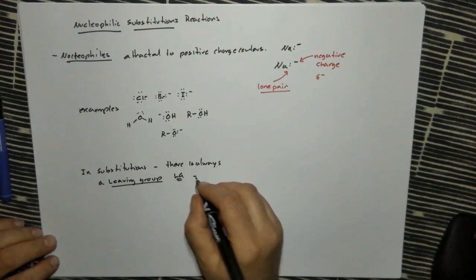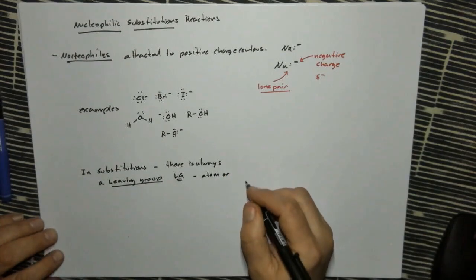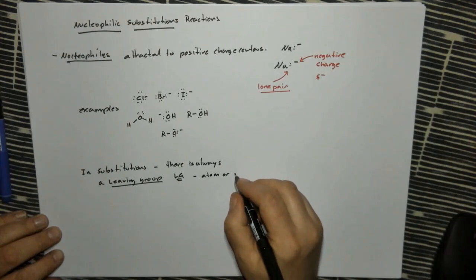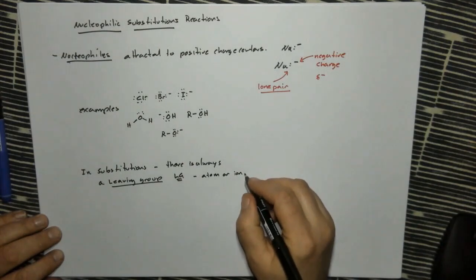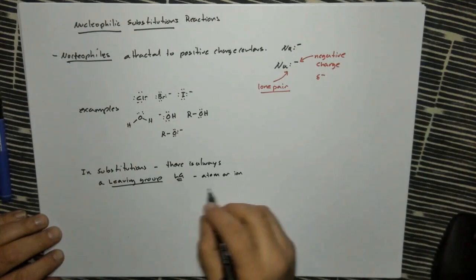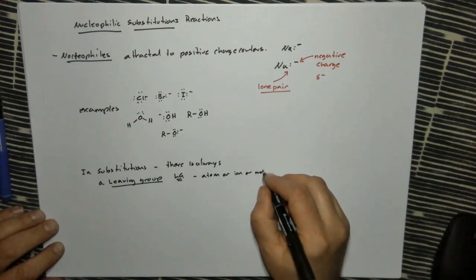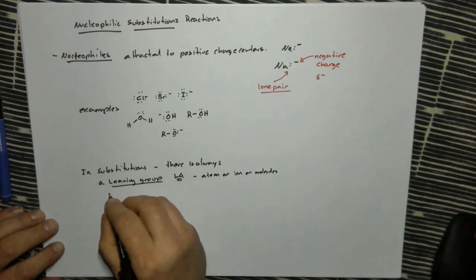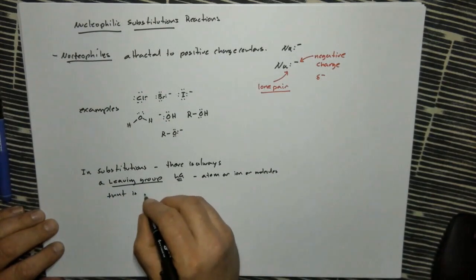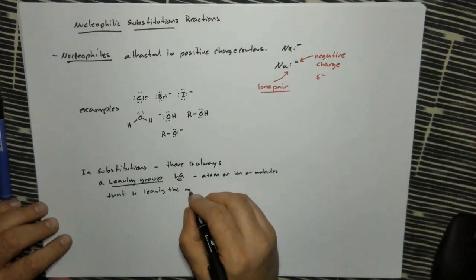And this is an atom that's leaving. Well, it can be an atom or ion, or it can even be a molecule in some cases, that is leaving the molecule.